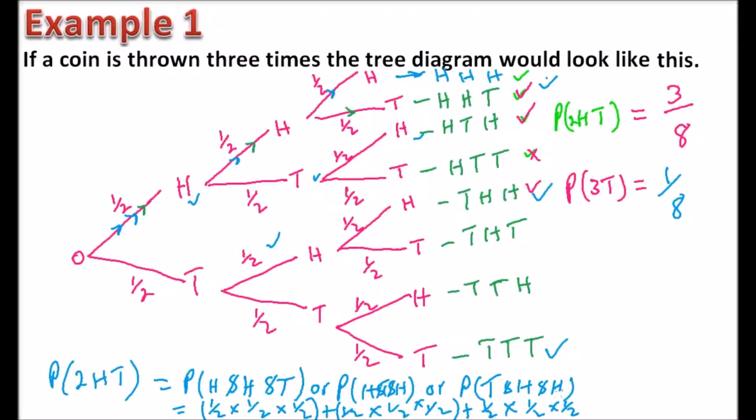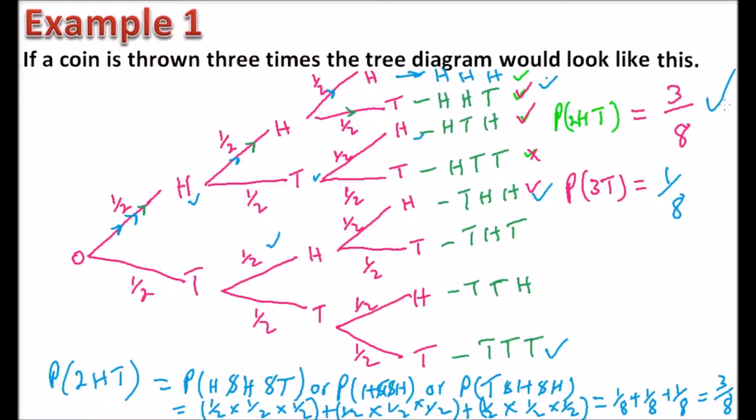So you can see this is a mixture of independent events and mutually exclusive events. So it is 1 over 8 plus 1 over 8 plus 1 over 8, and you get 3 over 8, which we have obtained here. So you can either use the outcomes or you can use the probabilities that are indicated in the tree diagram.